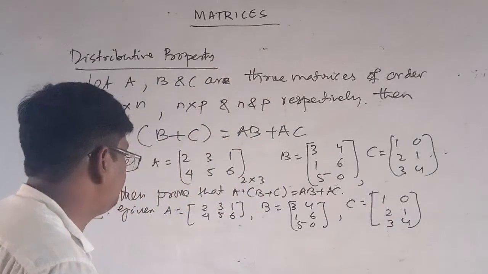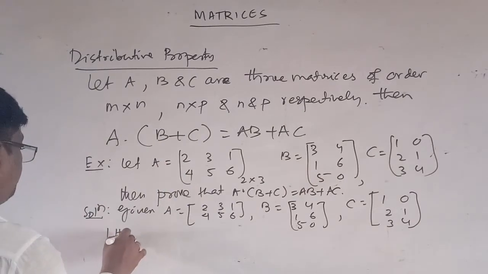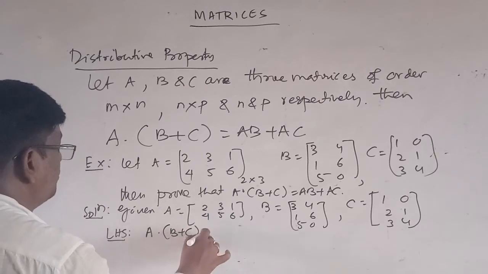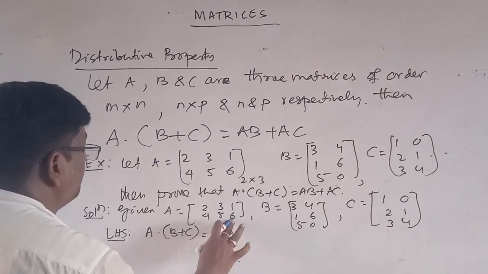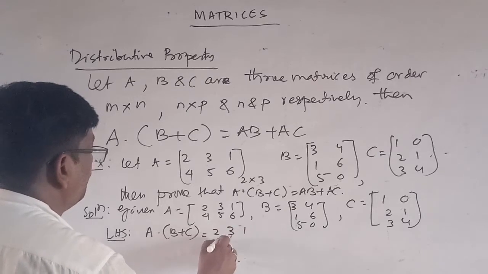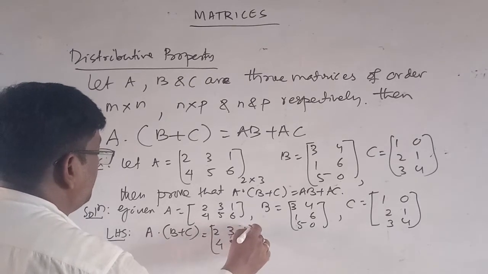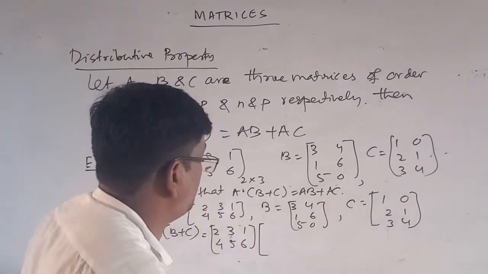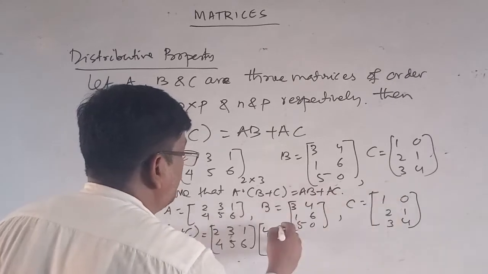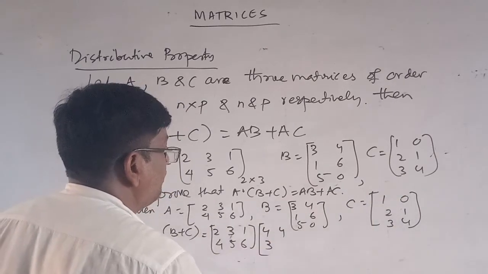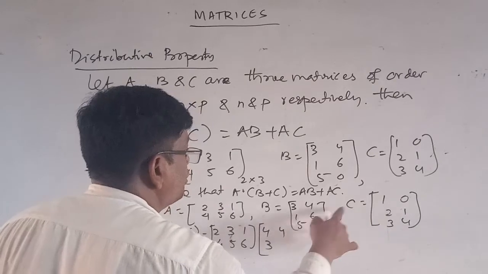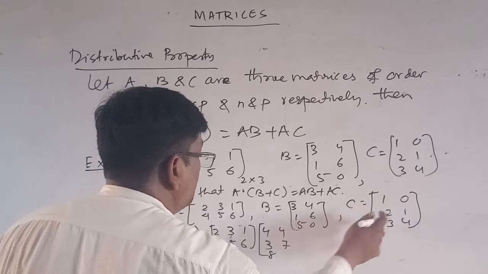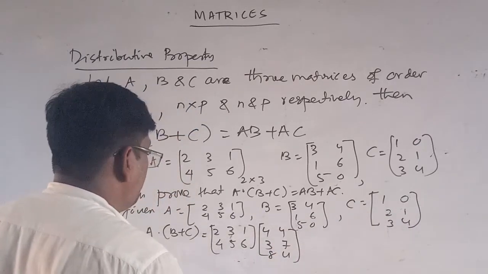Now left hand side, LHS, A into B plus C. So A means 2, 3, 1, 4, 5, 6. Now add B and C. 3 plus 1, 4. 4 plus 0, 4. 1 plus 2, 3. 6 plus 1, 7. 5 plus 3, 8. 0 plus 4, 4. Multiply this.